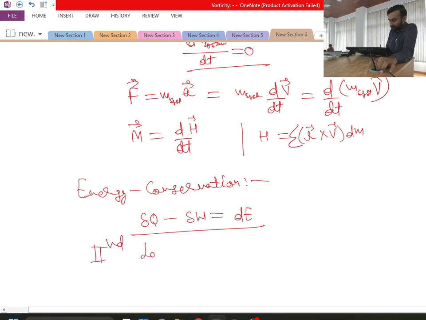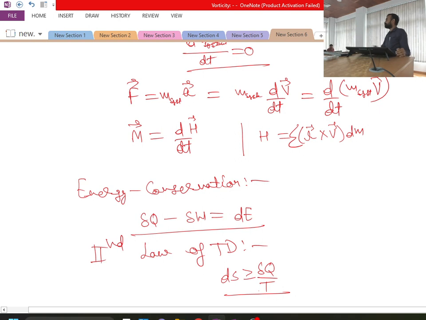Have you studied it? Not yet. So the important finding is that dS, where S is the entropy of the system, is greater than or equal to del Q by T. You will be studying this now in your course.